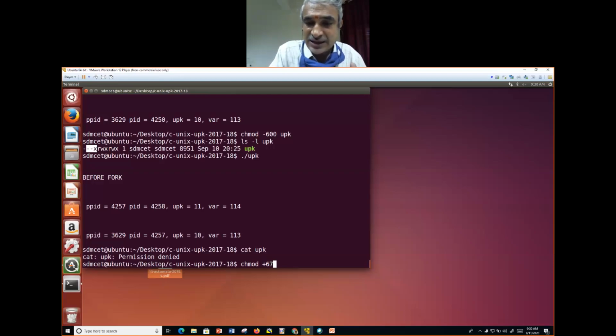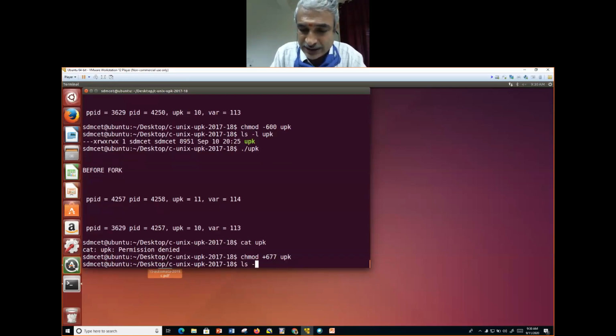Then other things, I'll keep it. The first number 6 refers to 4 plus 2 plus 0 for owner. Second one, for group, all permission is there. For others, all permission is there. When you do it on this file, remember this is an executable file.